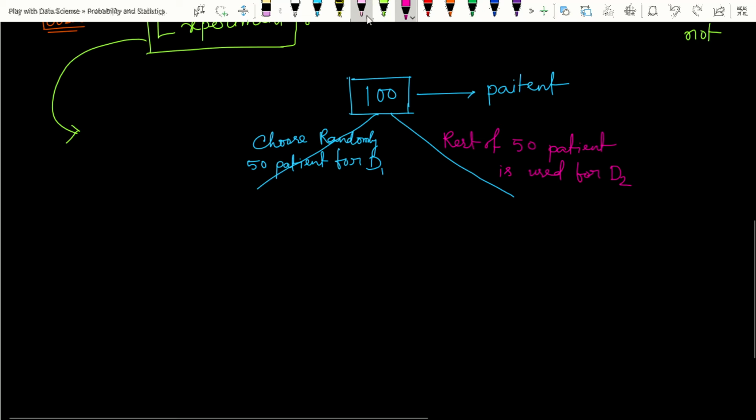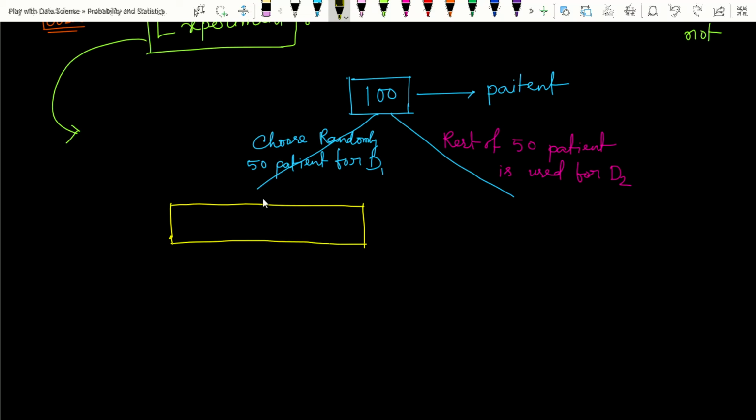So for drug 1, the sample that we have taken here, let's call this S1. Here we have 50 patients, as kind of 50%.